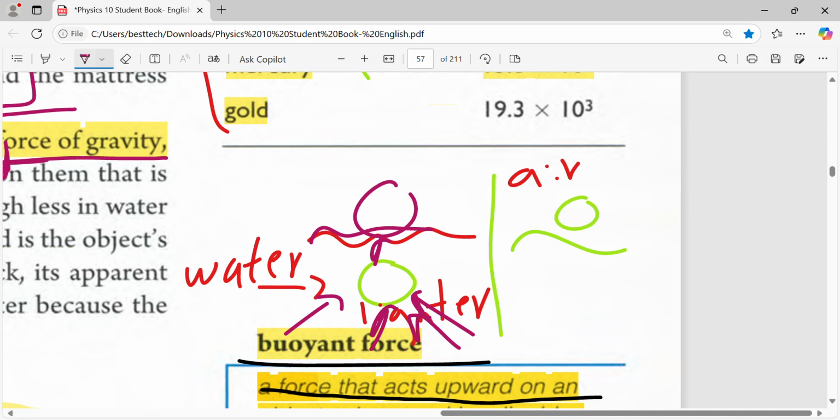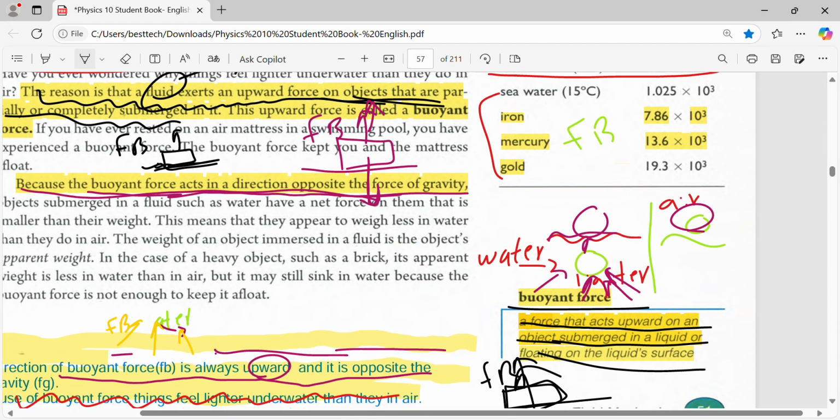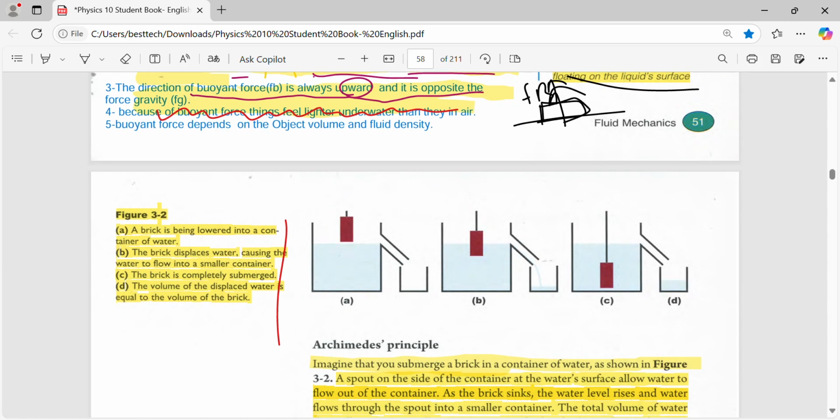But this object is outside the water, so its mass or its weight is still heavy. So any object that goes under the water becomes lighter because of the force of the water that pushes the object. And the buoyant force depends on two things: the object's volume and the fluid density.